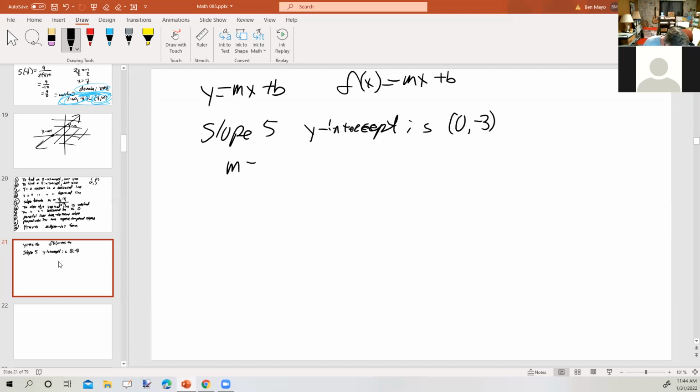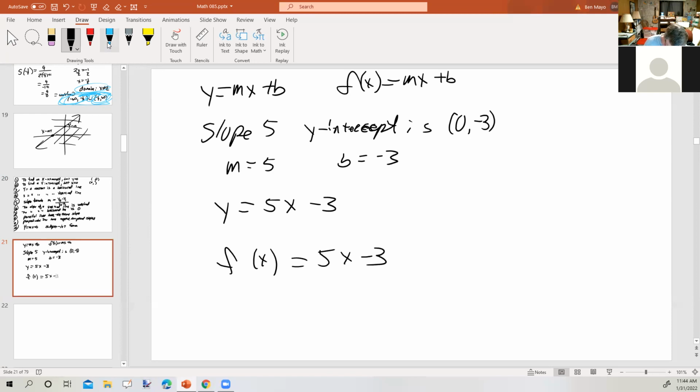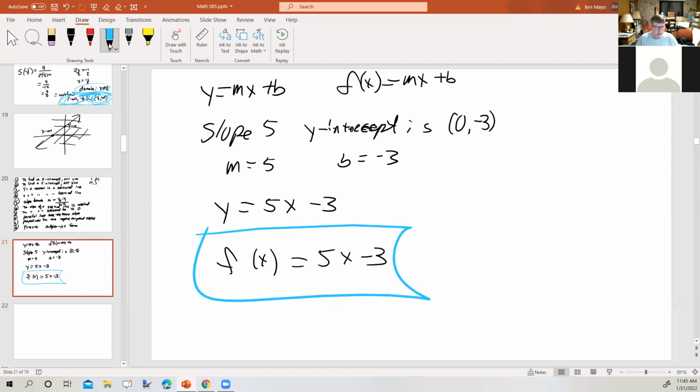That's like saying m is 5 and b, recall b stands for the y-intercept, is -3. So we'd have y equals mx plus b, but writing it as a function, f of x equals 5x minus 3. So there is the function that has a slope of 5 and a y-intercept at 0, -3. Any questions about what I just did there?